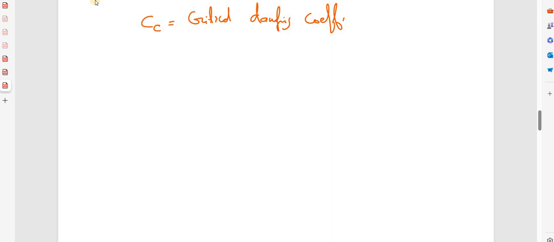That will happen when the system is under critical damping, that is when (c by 2m) the whole square is equal to k by m.